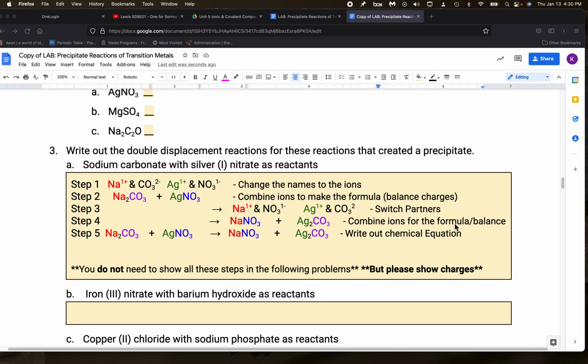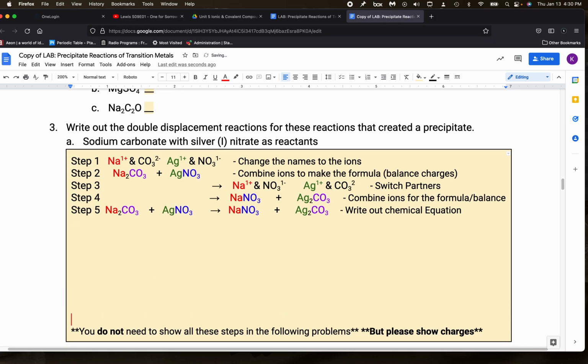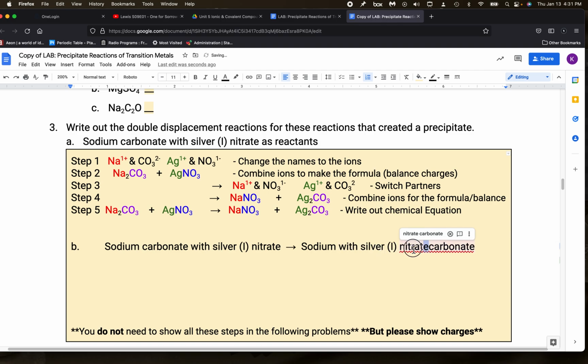All right, well, we need to use that for this problem. So in this problem, you start with these two names. And your job is to make new names on the other side. Not the same names, but new names. So we're going to get rid of this, and we're going to put the nitrate there.